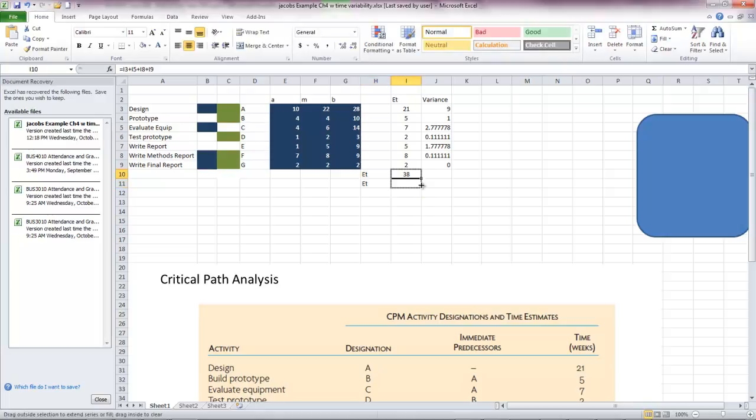We're saying that they're both critical paths, so I'm just going to grab both down. Let's do our F4 shortcut here. Make them absolute references. We bring that down. So we have ET, expected time 1 and 2 are the same. That's the whole point here with 2 critical paths.